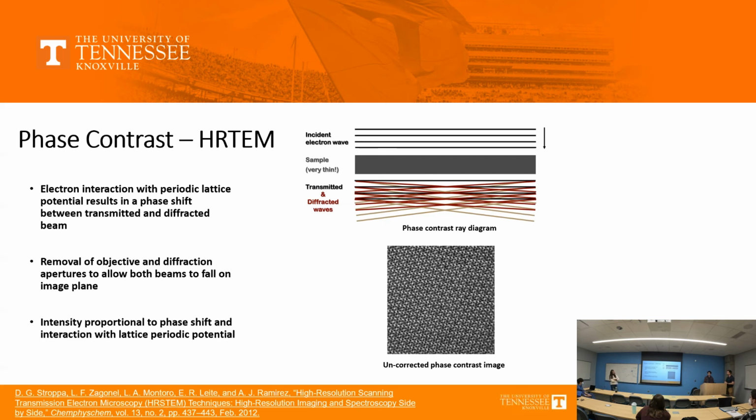Normally, the reason you use an objective aperture and a diffraction aperture is to isolate which beam you actually want to look at on your sample plane. But if you pull all of the apertures out, now you have the diffracted and the transmitted beams falling on your image plane, and you get a really funny image like you do on the bottom there. But there's a lot of really useful information in that uncorrected phase contrast image.